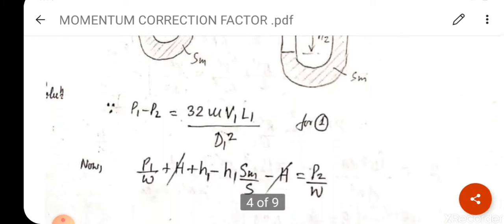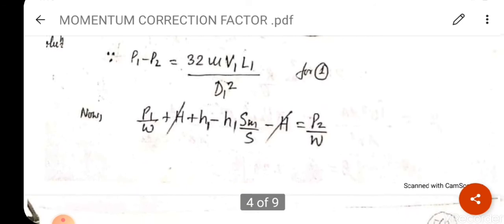So this is another formula in terms of pressure value. You have to remember now, that is given as P1 minus P2 is equal to 32 mu V1 L1 upon D1 square. For pipe 1, I am using subscript 1. So after applying the manometric principle, that is P1 by W plus H, because we are moving in downward direction, plus H1.